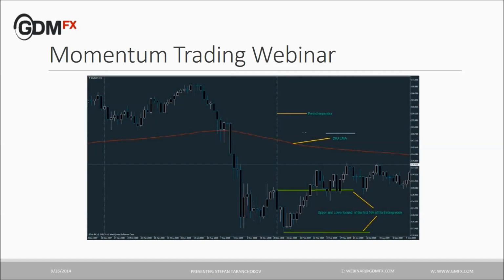Also, we need a 200 period exponential moving average, which is one of the most common technical indicators traders are monitoring. Why a 200 period moving average?